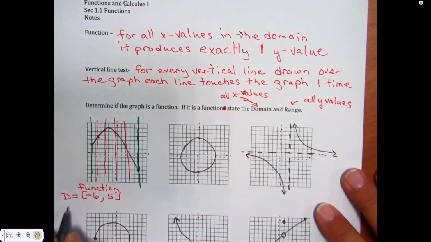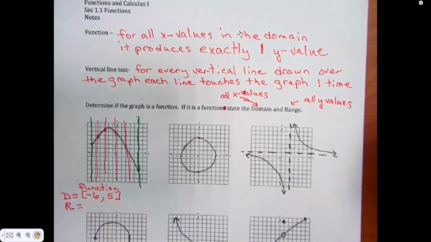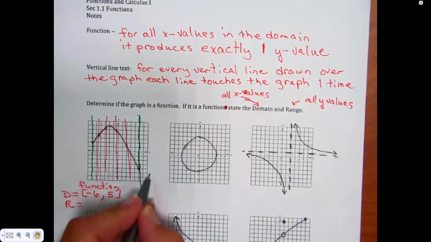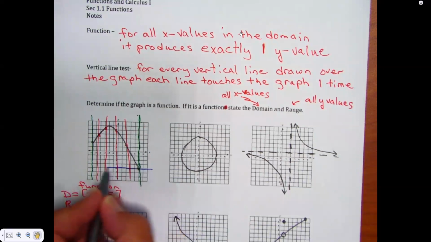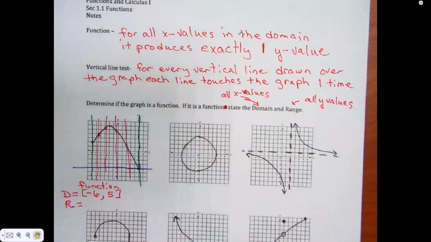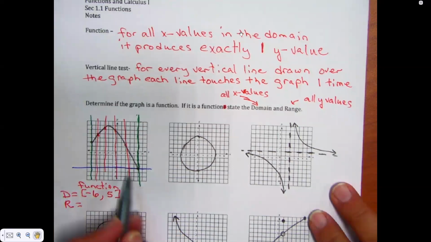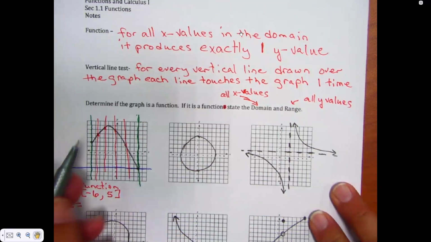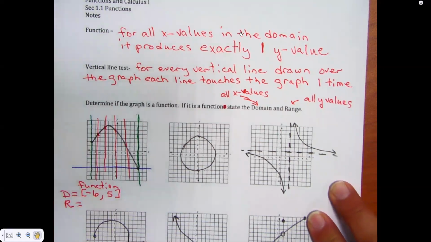And then let's do range. Range is low to high. So I go to my lowest point. It doesn't necessarily have to be at an end. My lowest point could be in the middle. And then how about my highest point?